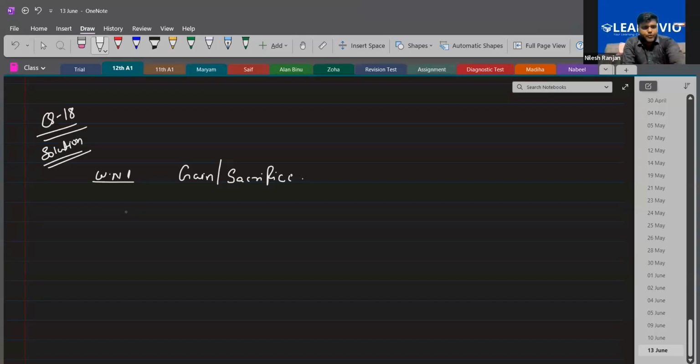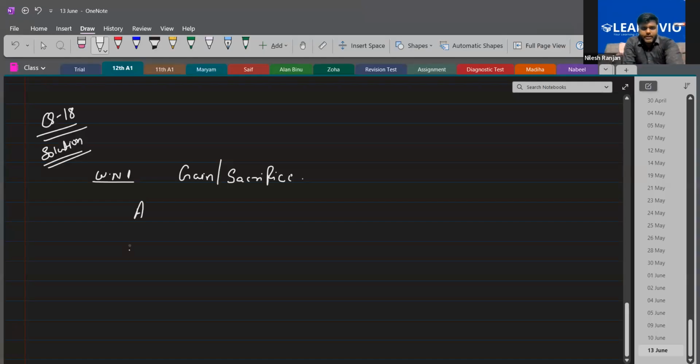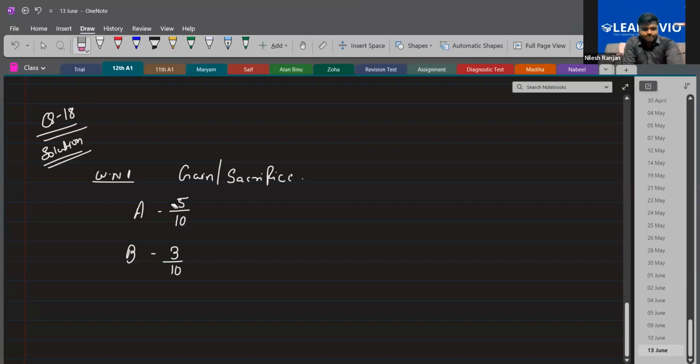So two partners, A and B. The old ratio is 3:2, so 3/5 and 2/5.